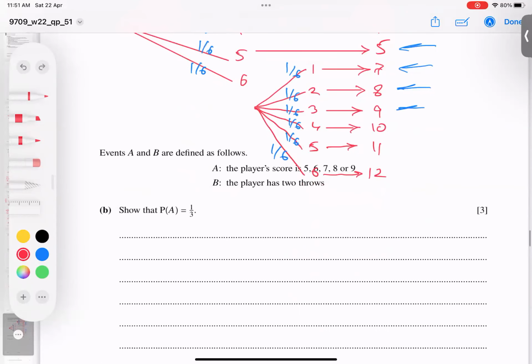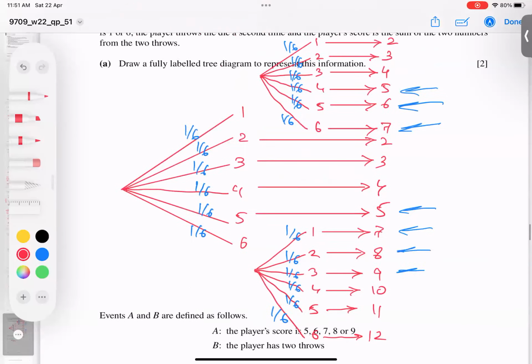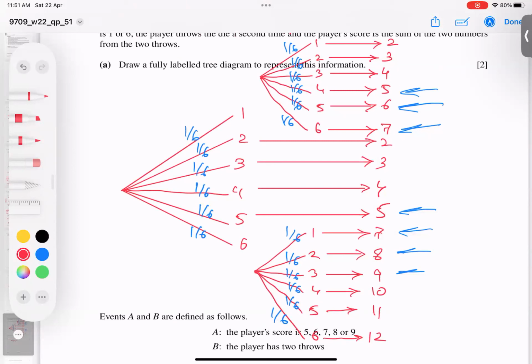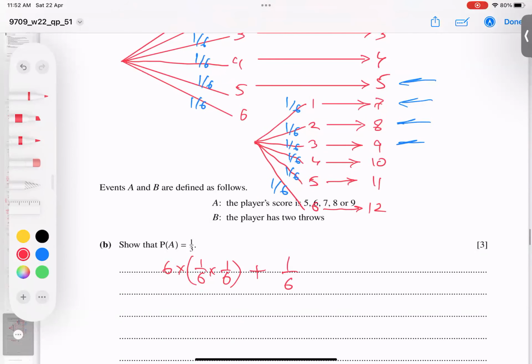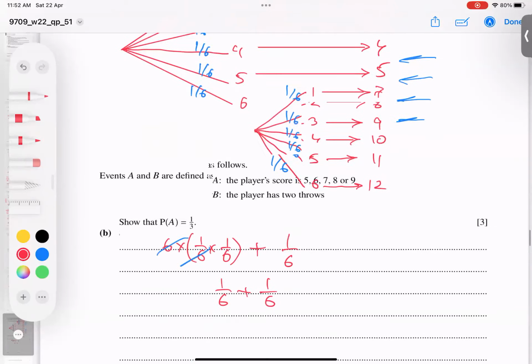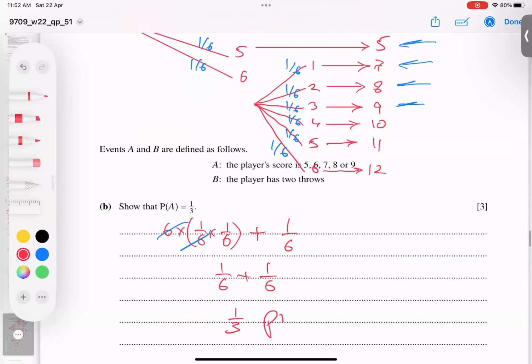I'm writing here 6 branches, 1 by 6 into 1 by 6, plus there is only one branch in the range which he gets by only 1 by 6. This 6 and 6 cancel out, and I get 1 by 6 plus 1 by 6, take LCM, and I got 1 by 3.